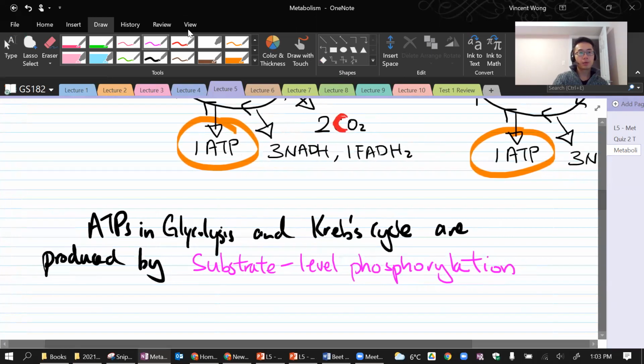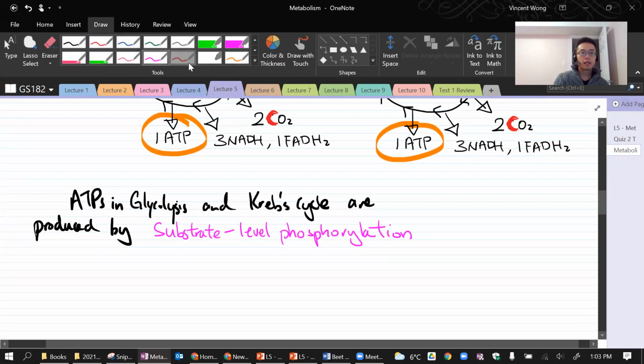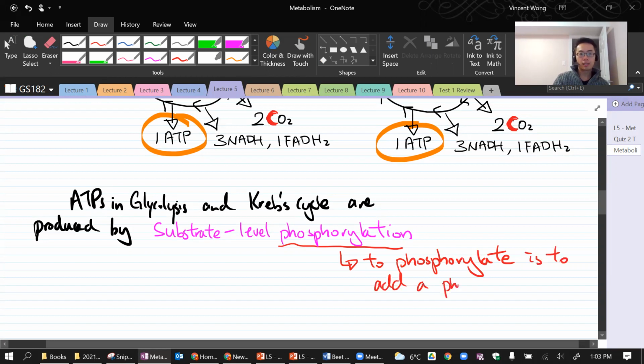Okay, so that's like a big word, but what does that mean? Phosphorylation. To phosphorylate is to add a phosphate.